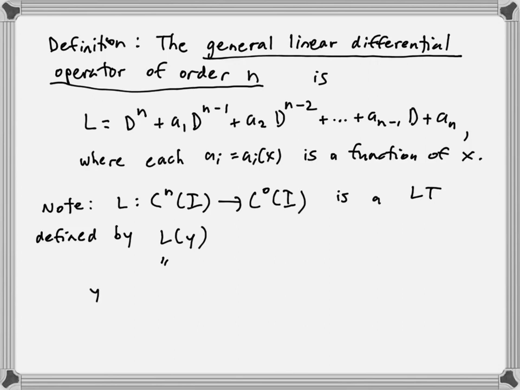So it's going to be the nth derivative of y plus a1 times the n minus first derivative of y plus a2 times the n minus second derivative of y. Keep doing this. And this would be just y prime. And then we have an times y itself.